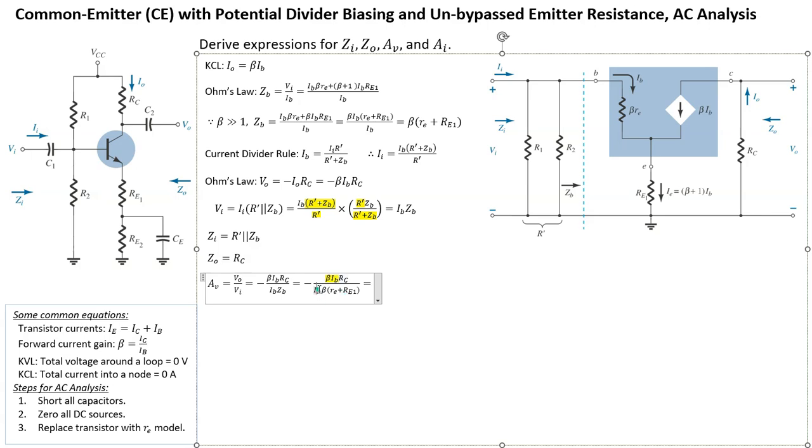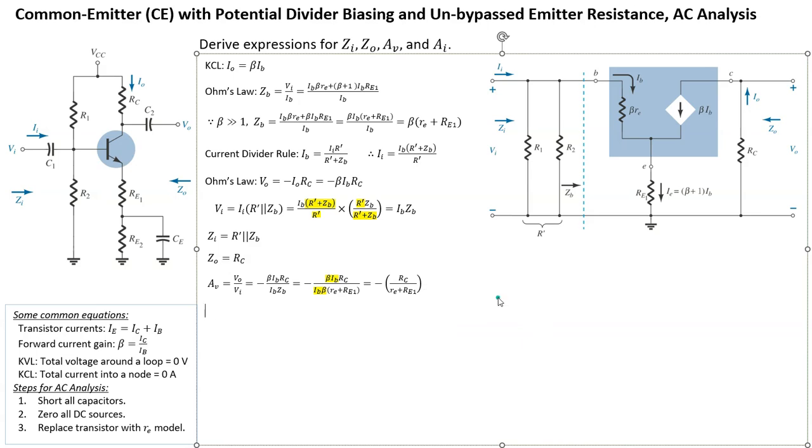What you're left with is just negative RC divided by RE plus RE1. And that's our answer for the voltage gain.